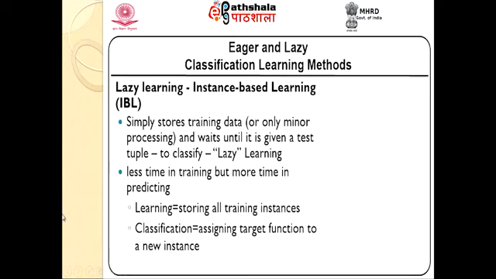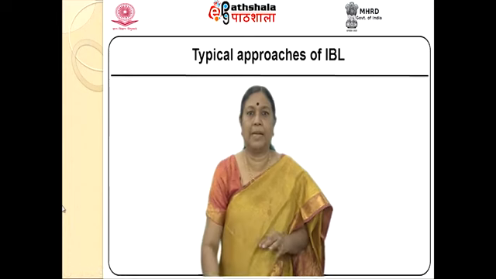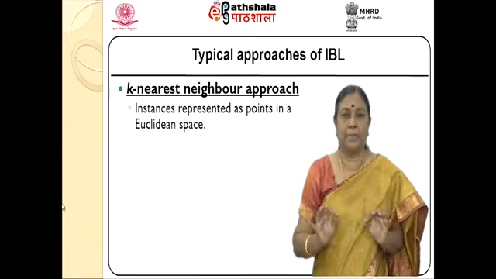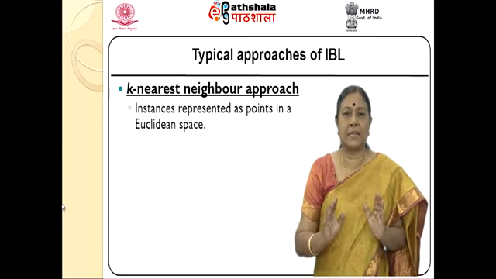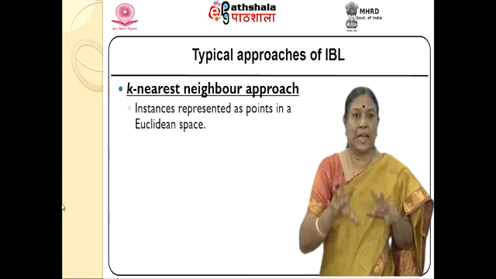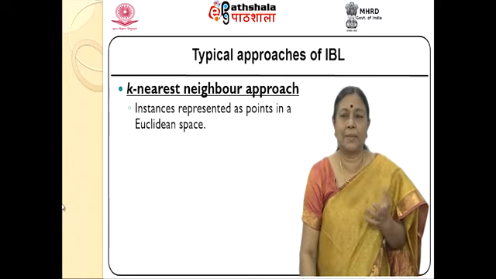Okay. Now, let us go to the typical approaches that you have for instance based learning or IBL as we read. So, one of the important IBL methods is the k nearest neighbor approach, where instances are represented as points in the Euclidean space. We do not do any modeling. Okay. So, that is important.